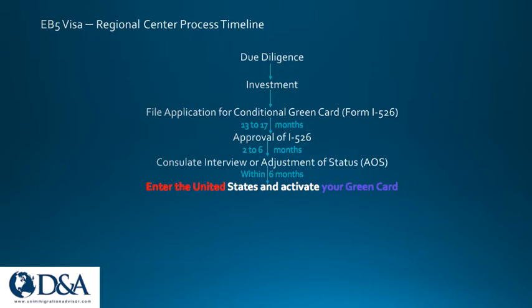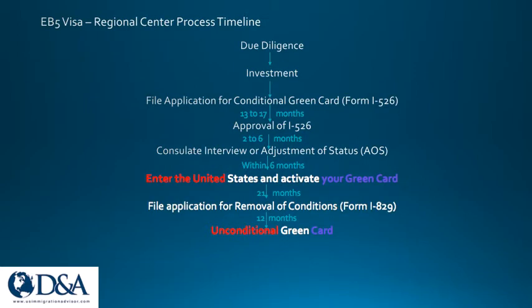Upon completing the consulate interview successfully, the alien entrepreneur needs to enter United States within 6 months to activate the conditional green card. Once the conditional green card is activated, within 2 years, between 21 months and 24 months, an application for removal of condition needs to be filed.